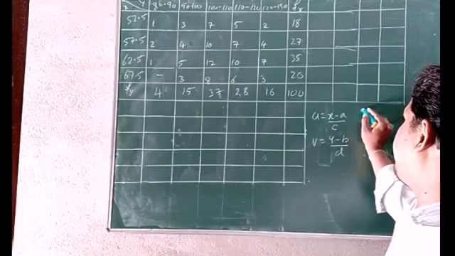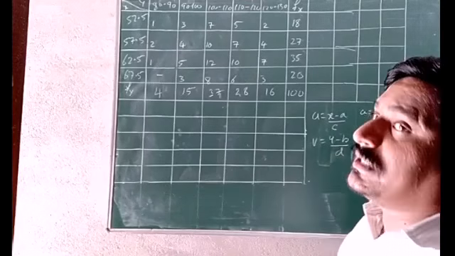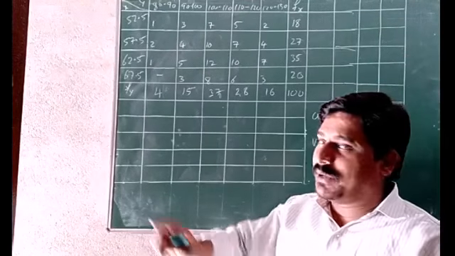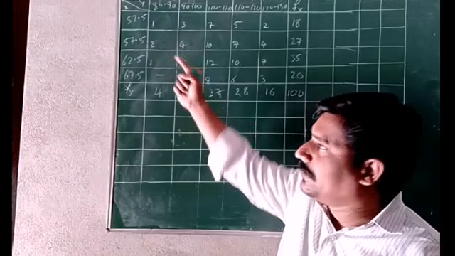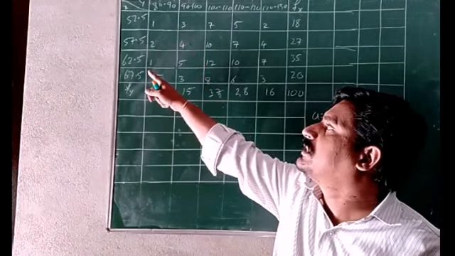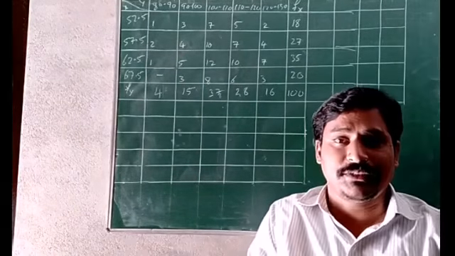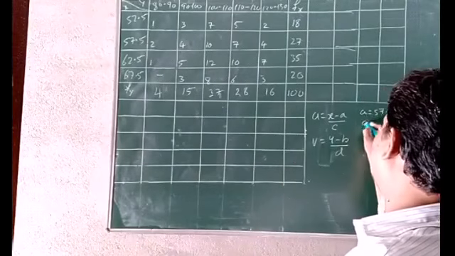So here a is equal to 57.5. Then what is c here? As we have a common width between the variables, 57.5 minus 52.5, 5. 62.5 minus 57.5, 5. So we have a common width, that is 5. So c is 5 here.